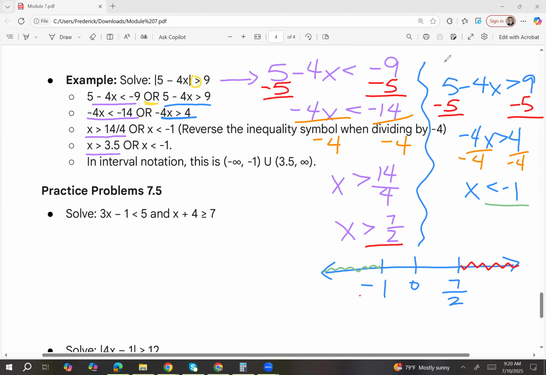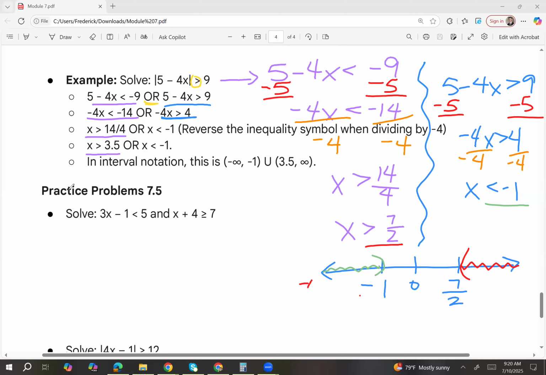Notice they both don't have the equal sign, and so that means our boundaries on both of them are going to be parentheses. So parenthesis here and parenthesis here, since neither one of them has the equal bar underneath. Notice the green area trails off to very low, no bound, so that's -infinity on that side.